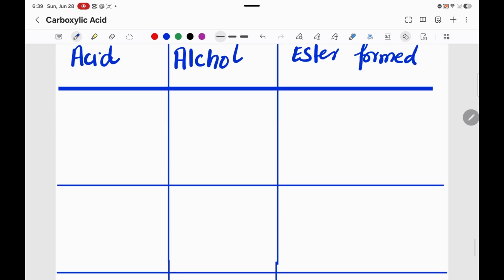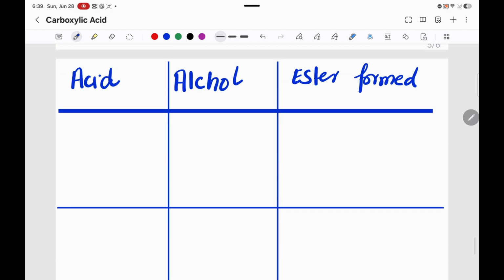So first of all, I'm gonna take methanoic acid. The methanoic acid would be written as HCOOH. Then I'm gonna take ethanoic acid.